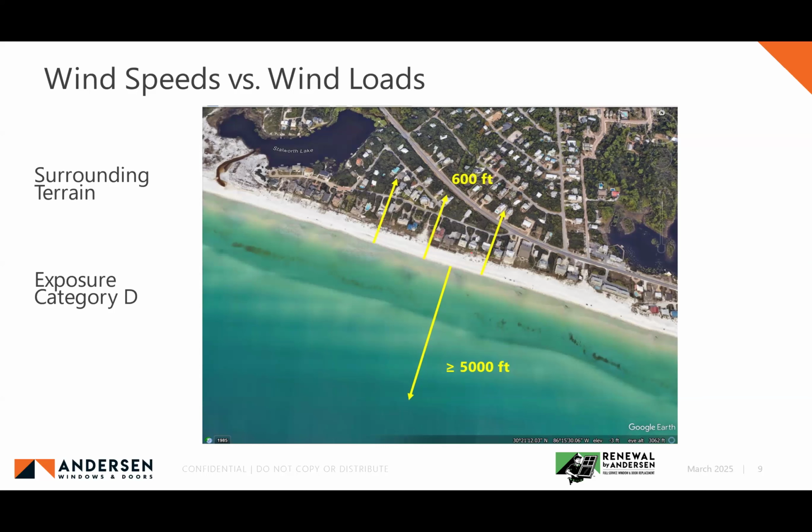And we've learned through the windborne debris issue that came up last year as a result of adoption of ASCE 7-22 that there are lots and lots of lakes in Central Florida that meet that criteria, that have that 5,000 foot width to give you the exposure D category. Now, while the windborne debris region changes have been put on hold for now, the exposure categories haven't. So exposure D would still apply in all these areas.